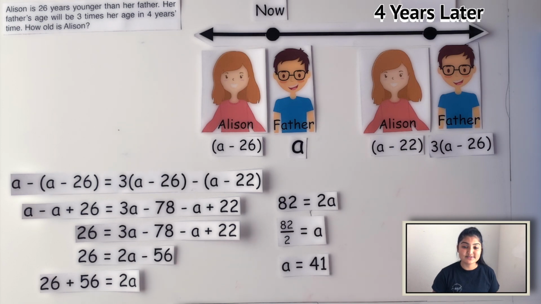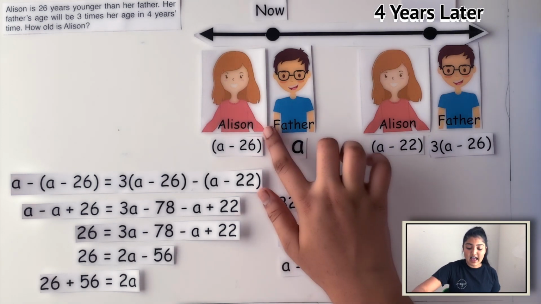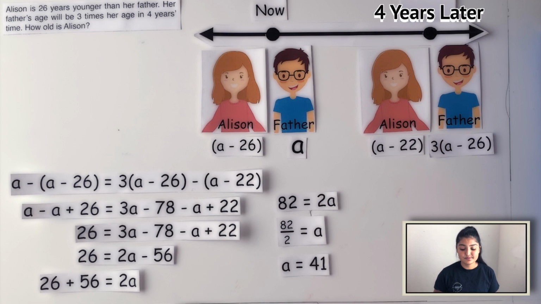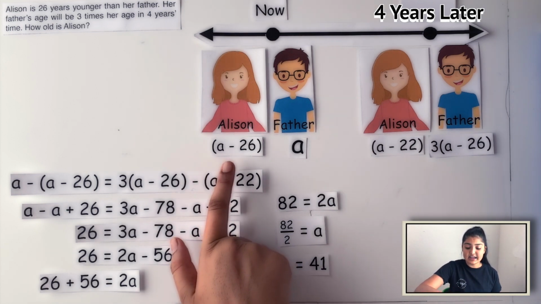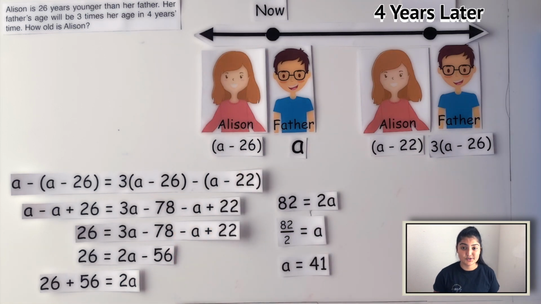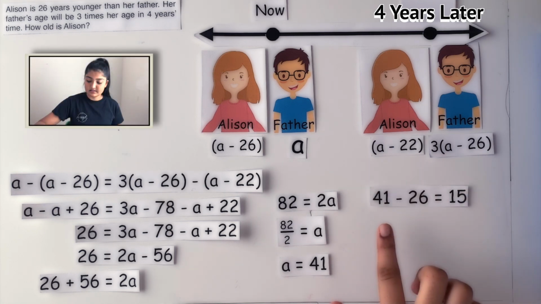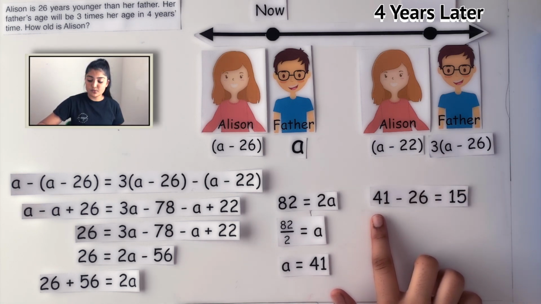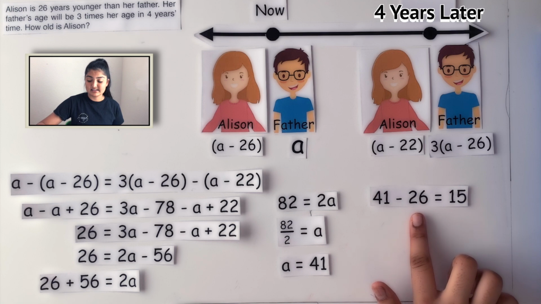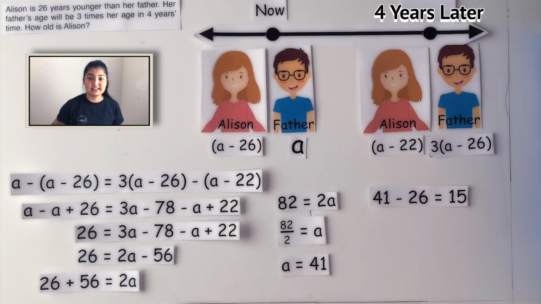But we want to find how old Alison is. And since Alison is A minus 26 years old, we can plug in the value of A, which gives us 41 minus 26, which is 15 years old.